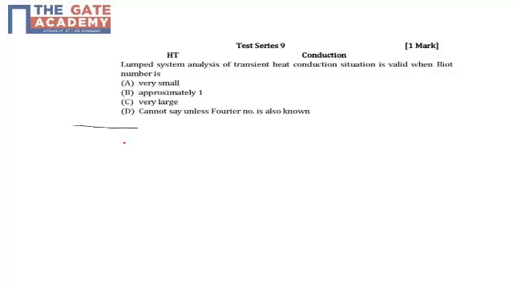Now this entire thing is dictated by the Biot number, which is given by h times characteristic length by k. Now this characteristic length is again volume by area. Now this can be considered as the convection happening from the surface, convection heat loss from the surface or heat gain from the surface to the liquid.